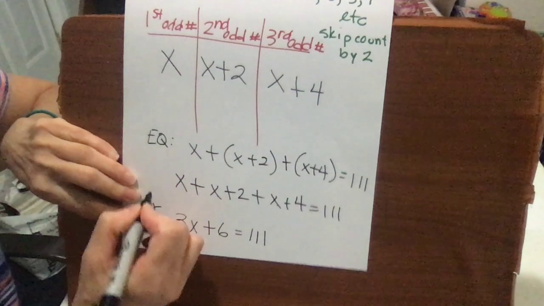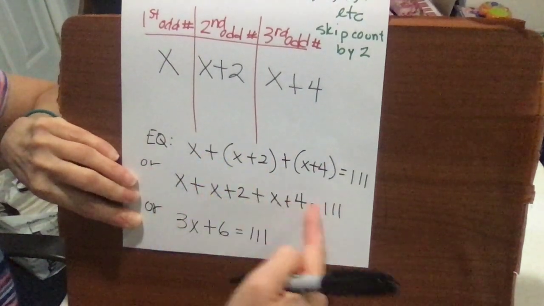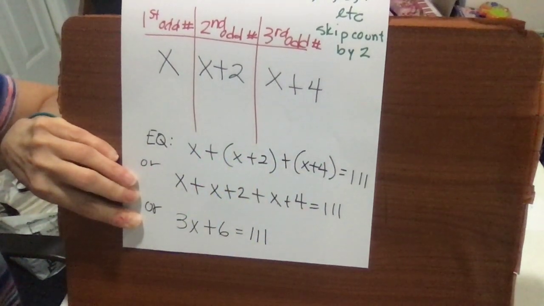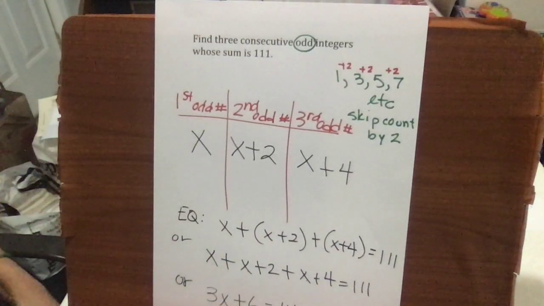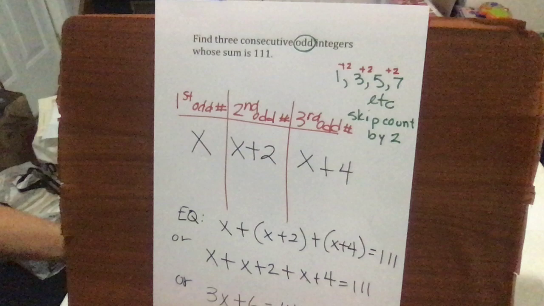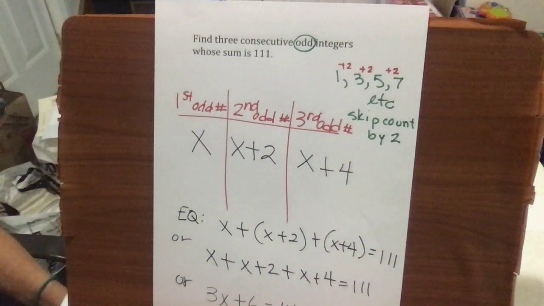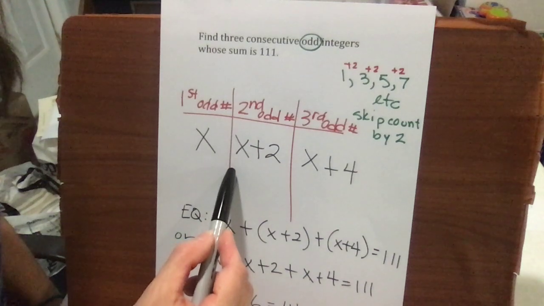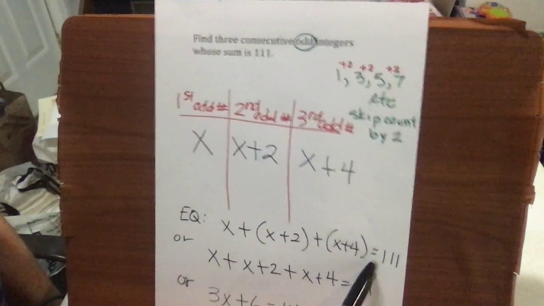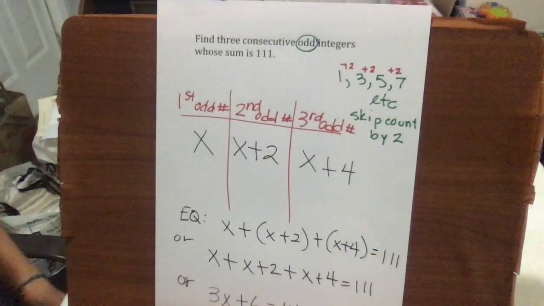And there you go. Any of these equations would be acceptable at this point. And that sums up for us how to write equations of consecutive integers, consecutive even integers, and consecutive odd integers. Set up the table, then write your equation, and that's all that we're going to do for now.